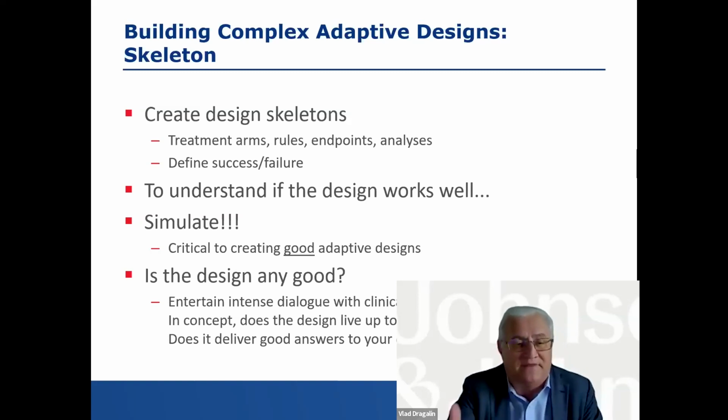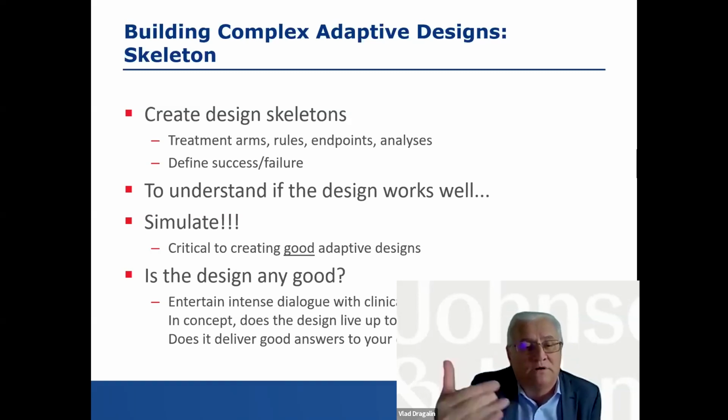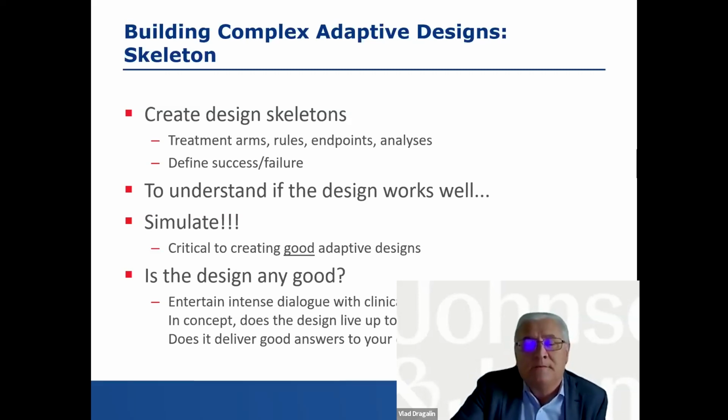Then you expand, either with some fine-tuning of the decision rules of those designs, or focusing on additional efficiency, or you simulate those designs under a much wider set of simulation scenarios.